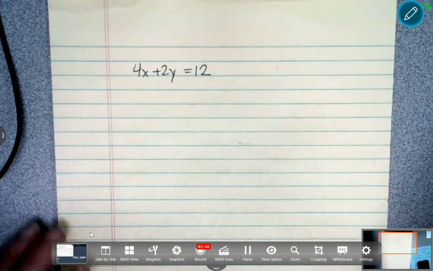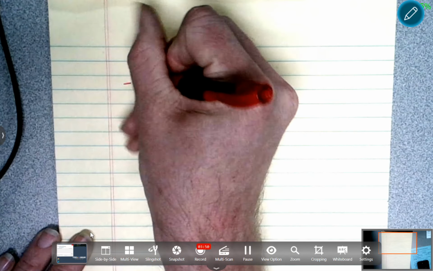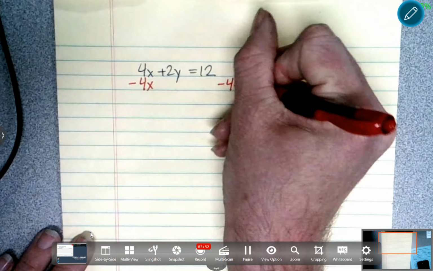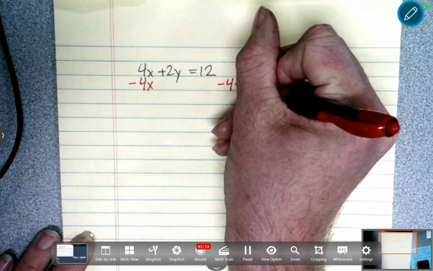And the steps you did were minus 4x on both sides to isolate the 2y, and you're left with 2y equals 12 minus 4x. Then you saw that there's a 2 in front of the y that we need to cancel, so you divided both sides by 2, and you divided every term, and you got y equals 6 minus 2x. And now you could put that equation into Desmos and find your solution.